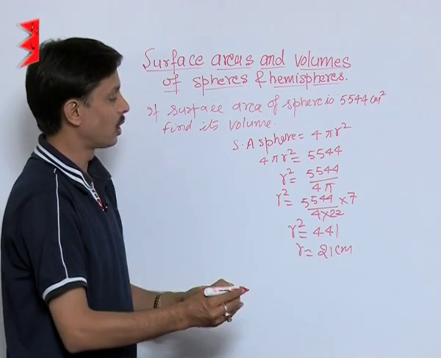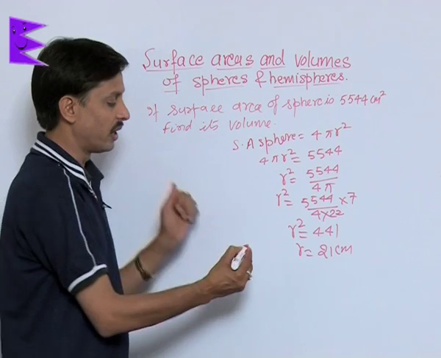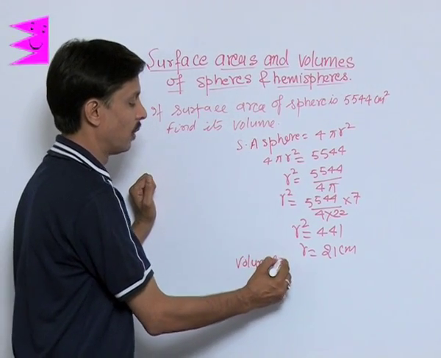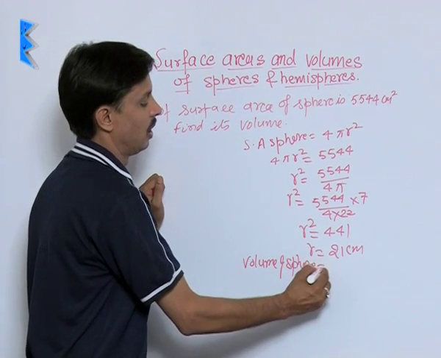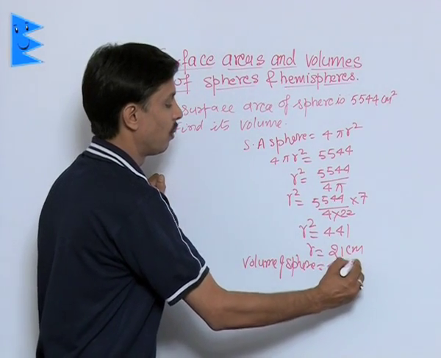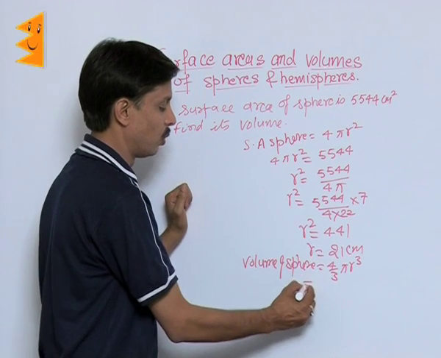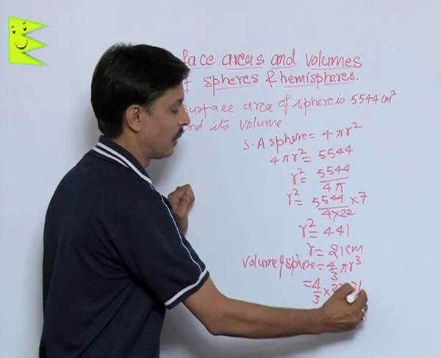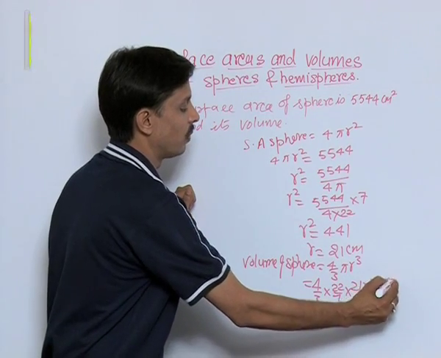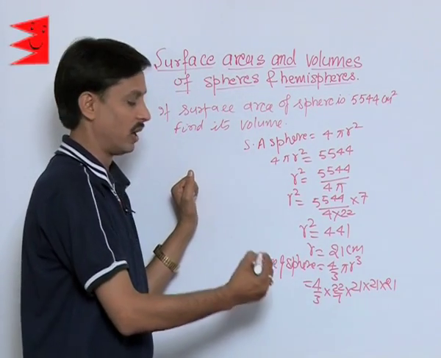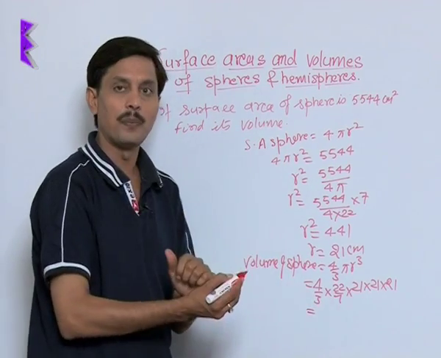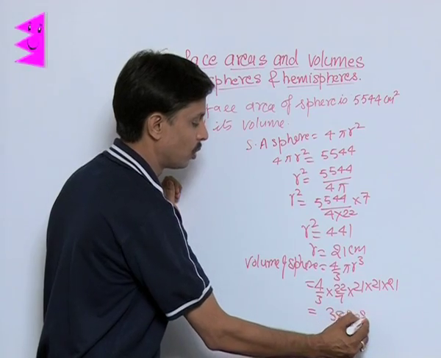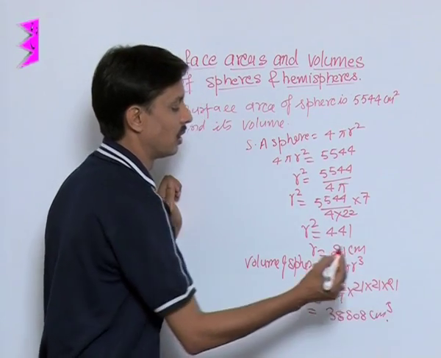This becomes the radius of the sphere. We want to calculate its volume. We can say the volume of a sphere is given by 4 by 3 pi r cube. You can say 4 by 3, 22 by 7, r cube means 21 into 21 into 21. The simplified form of this is 38808 centimeter cube.